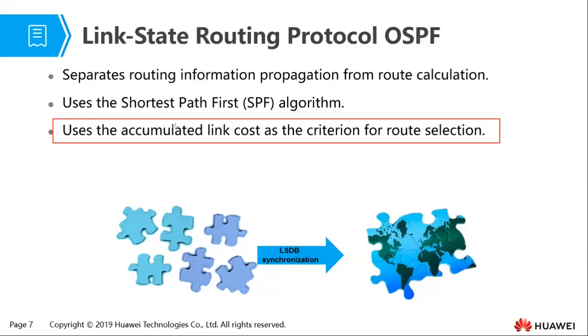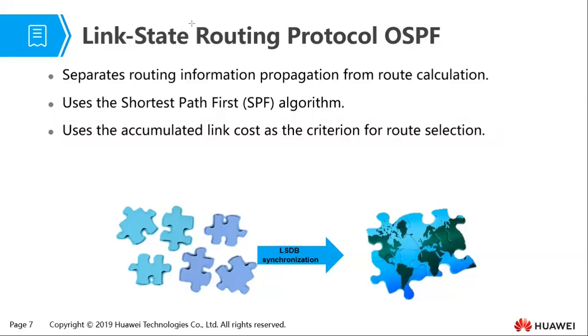Accumulated link cost means we are taking the bandwidth of each of the interfaces from source to destination, the outgoing interface on each of the routers. That is what we call accumulated link cost, because we are adding each one of them. I think we're going to see that in the coming slides shortly. So this is what we call link state information.